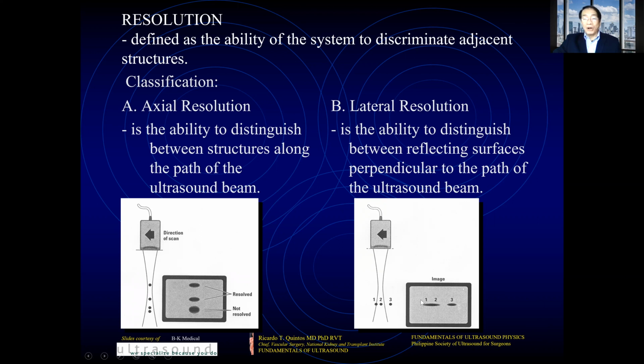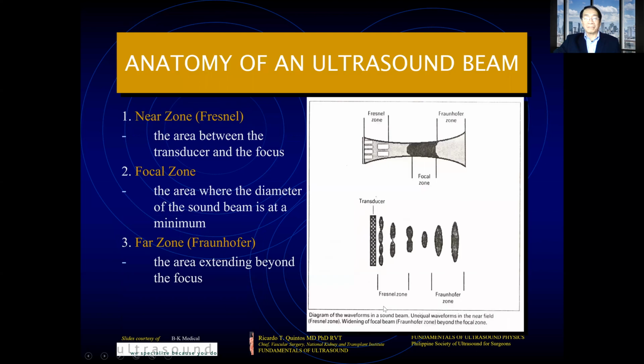Now we can resolve point 2 and point 3 as different structures, but point 1 and point 2 are not resolved, and so there's poor resolution at this level. So this is where we now understand why we need to put structures of interest or organs of interest at the focal zone, or at least closer to the near zone.